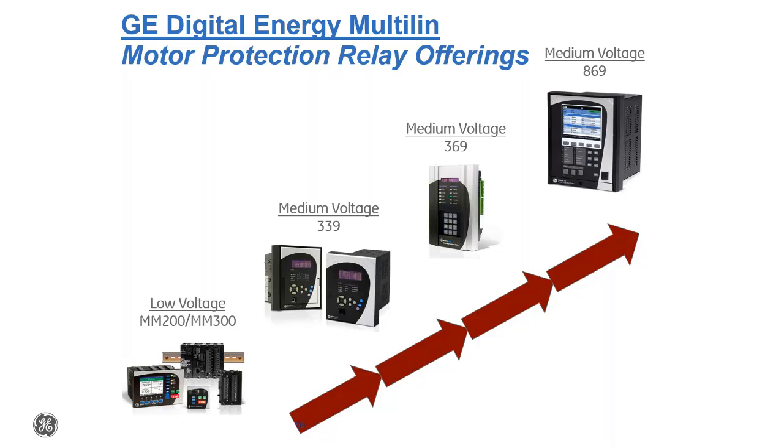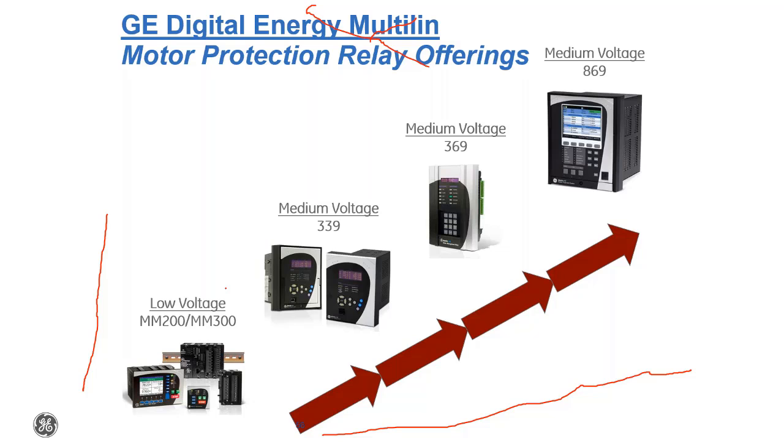If we imagine along this axis is price, and along this axis is functionality, then if we just need to protect the motor, do motor thermal model, ground fault protection, some basic functions, a 339 is a very cost-effective way to do that.